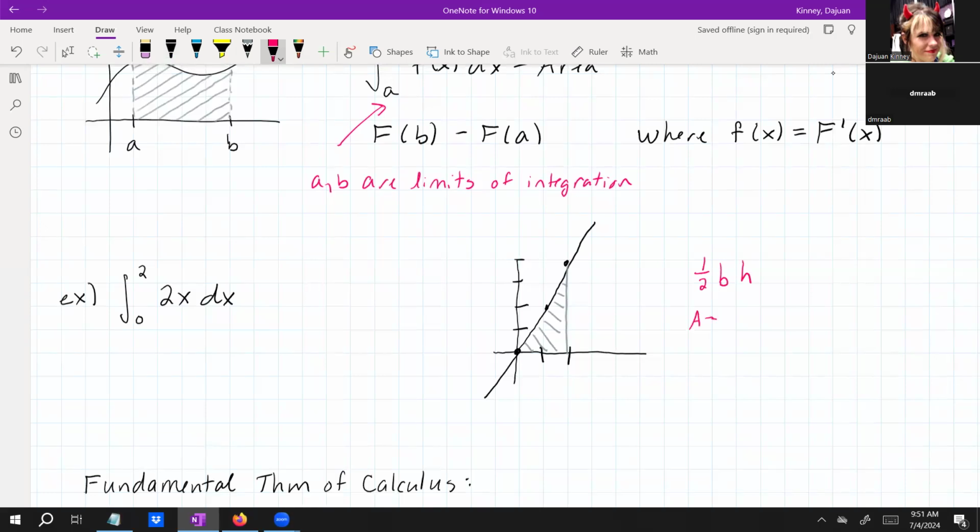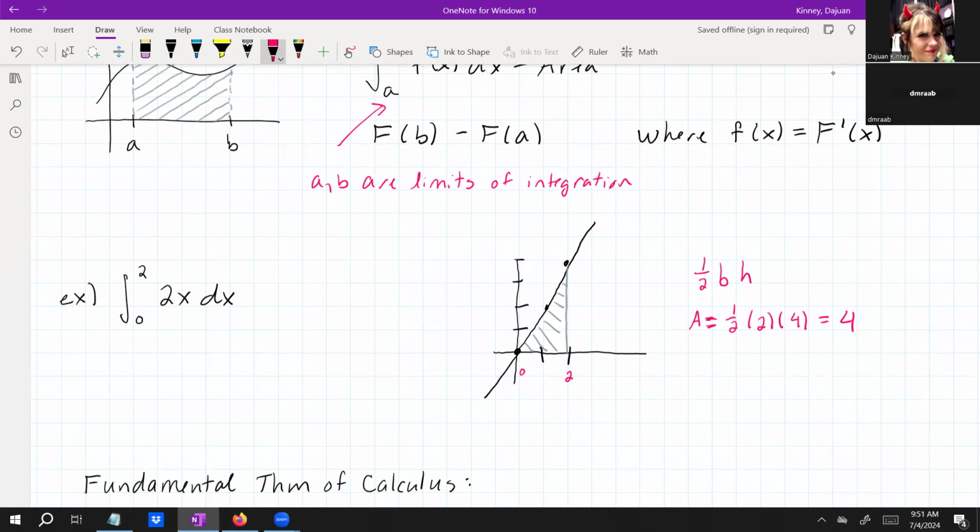So we know the area. My base is 2. My height is 4. Should give us 4, right? 1/2 base times height. Yeah. If we're going from 0 to 2, sorry. So that's what we should get.